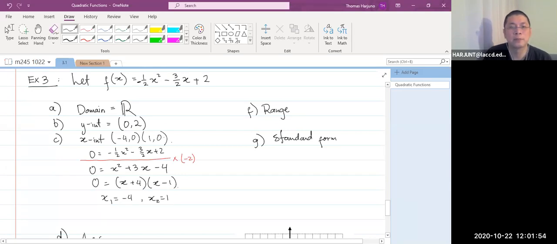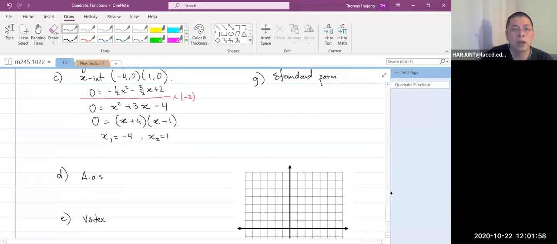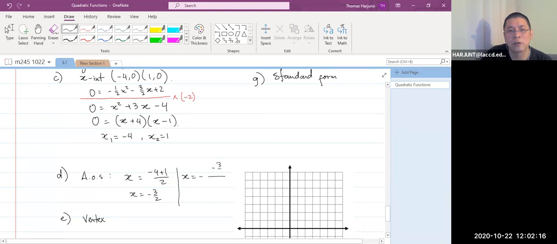Oh, that's nice. Axis of symmetry. Well, because I have nice x-intercepts, let me just use them. So x equals negative 4 plus 1 over 2, then that's x equals negative 3 over 2. Now, if you use the formula, you should get the same answer. Negative b, which is negative 3/2, right?